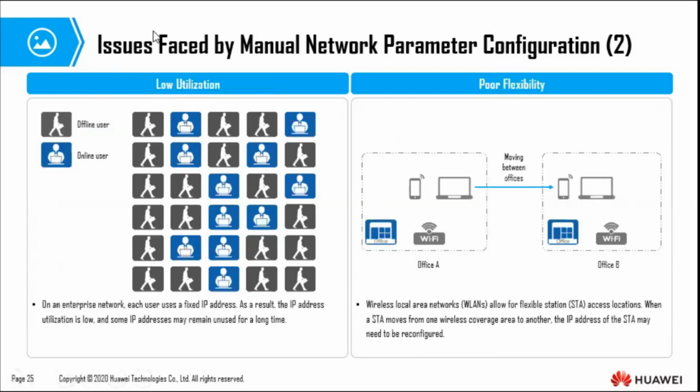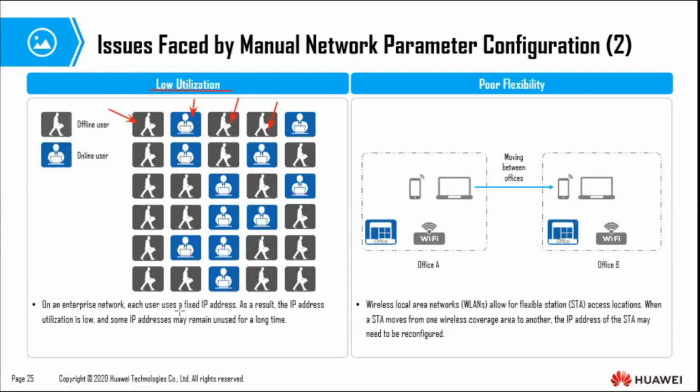The other problem with manual configuration is low utilization, because once you are assigned a private IP address, it is yours forever. When you're not logged in, when you've shut down your machine, no one else is able to use that IP address.